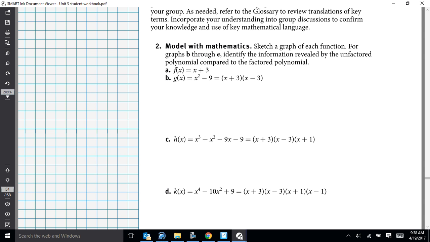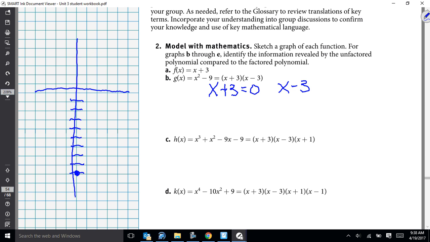So if I wanted to graph that real quick, there's my -9, there's my y-intercept. This x plus 3, if I set that equal to 0, that's my first zero. Set this equal to 0, that's my other zero.